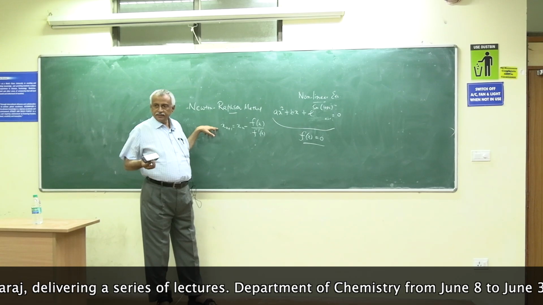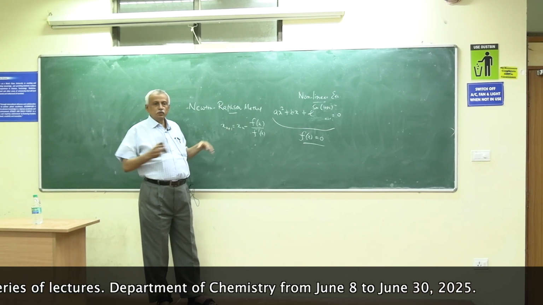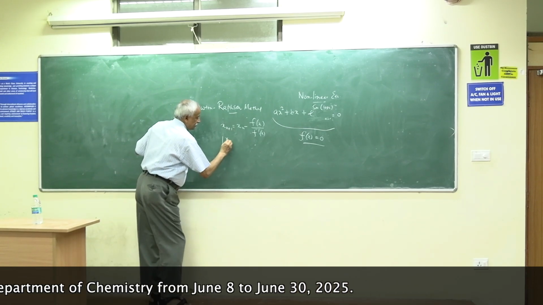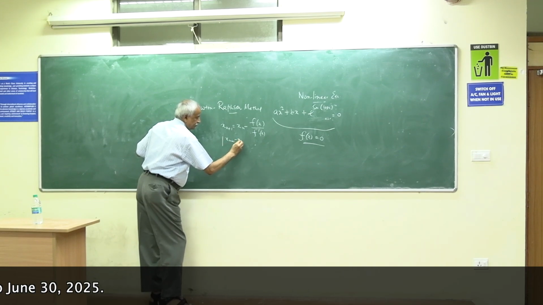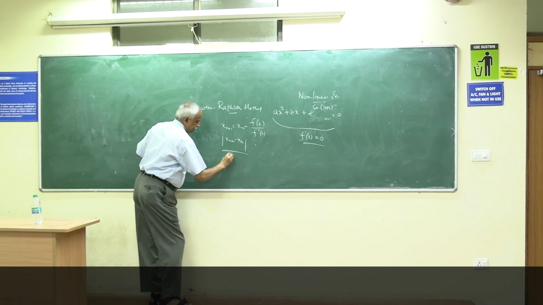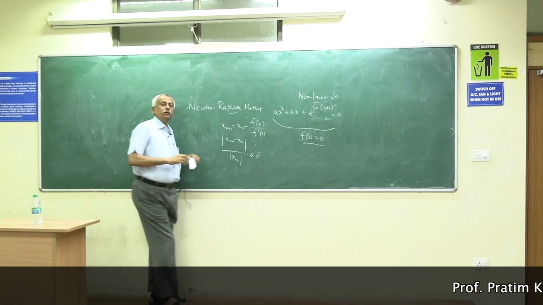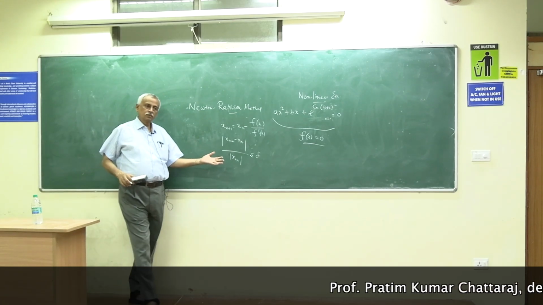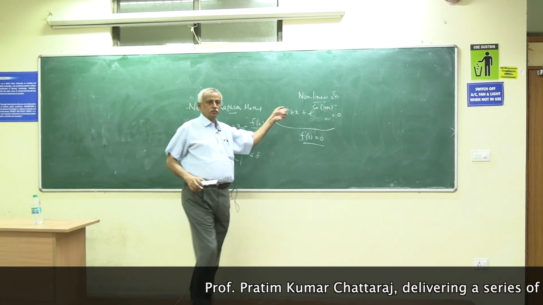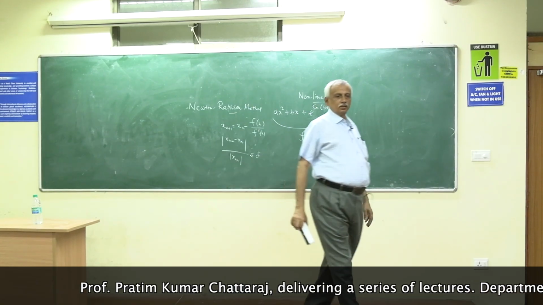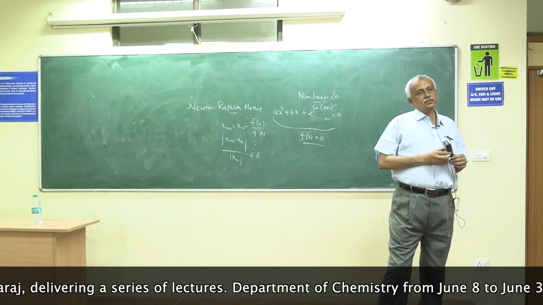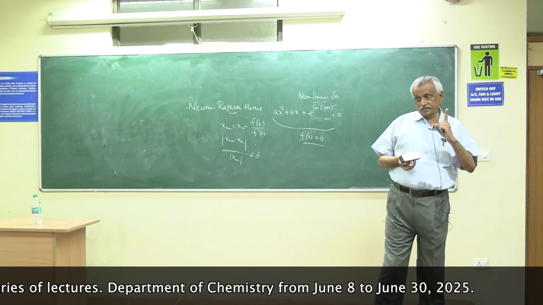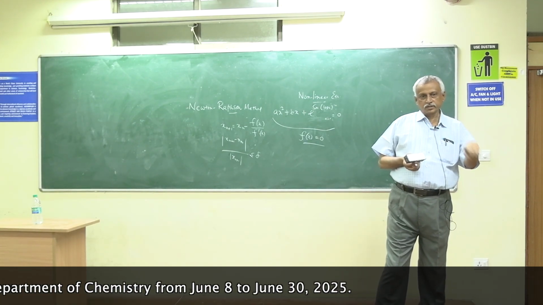Keep on doing it until your x(n) and x(n+1) will be within a reasonable tolerance, like x(n+1) minus x(n) by x(n+1). Okay, do it iteratively, you will get a solution to this equation. That's called Newton-Raphson. It's somewhat better than what I told. So you must search it in Google and learn what is the Newton-Raphson technique.